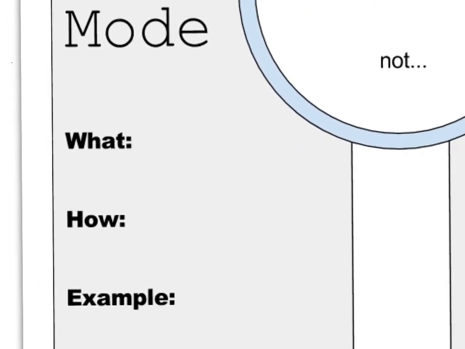Okay, so for mode. The mode is the most frequent value. So it's the number that appears the most often in your list of values.